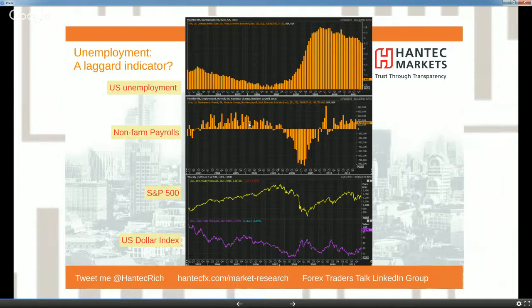You started to see the payrolls, which had already been on a downward trend, actually cross into negative territory in early to mid 2007, and it coincided with unemployment starting to go higher. The market hadn't actually been falling until that point. The payrolls had started to go negative, but the stock market hadn't started to fall, which is interesting.